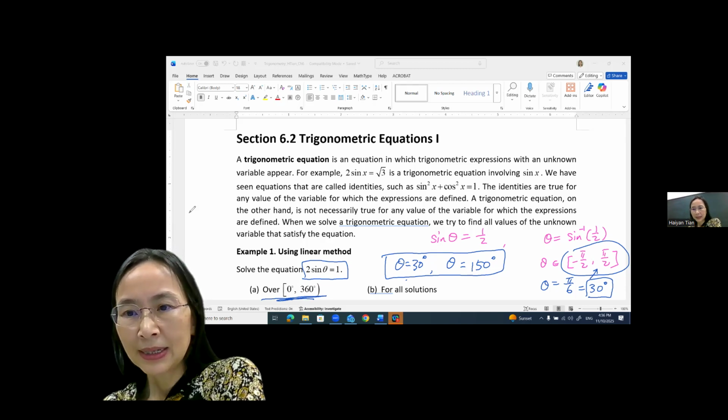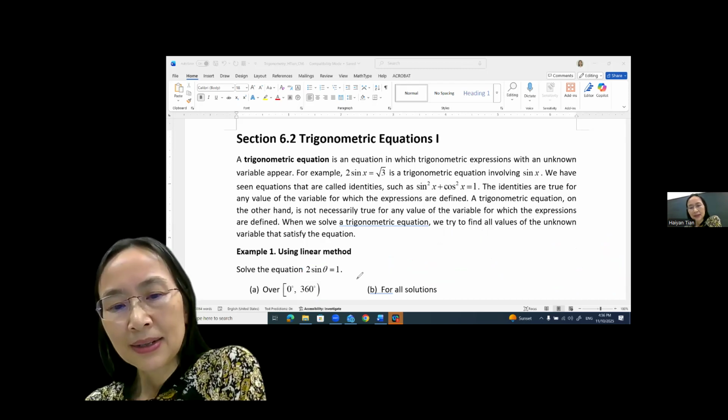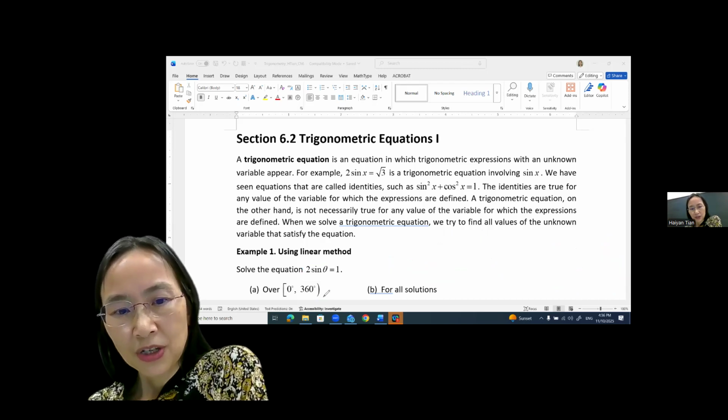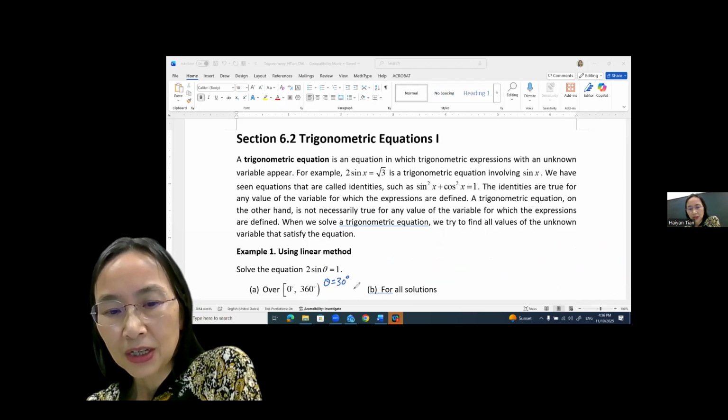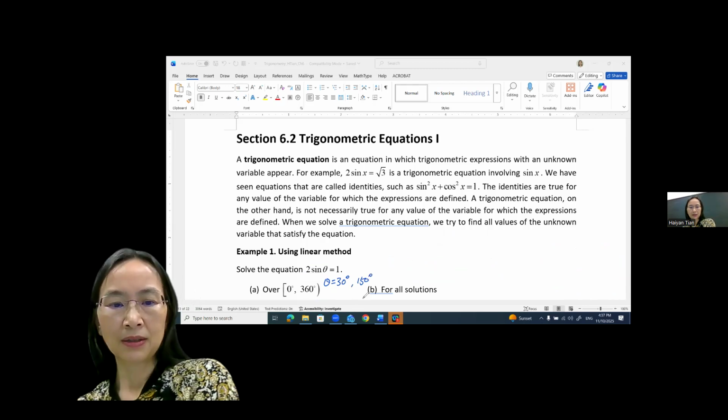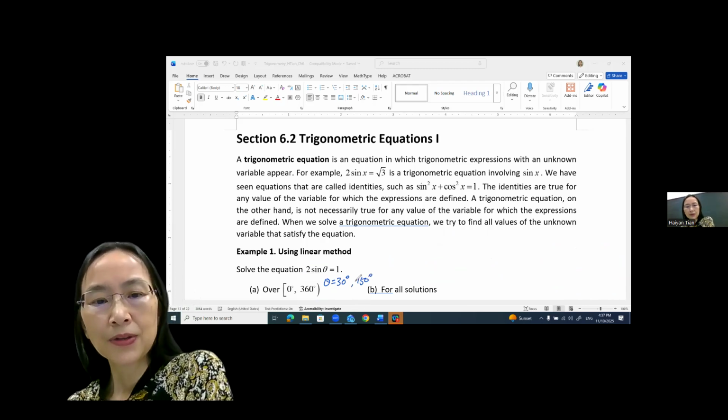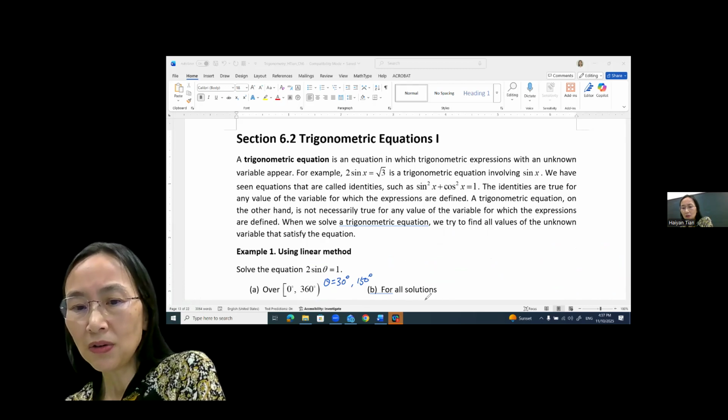So let's look at a second question. If you have found the solution for part A, which is either 30 degrees or 150 degrees, can we find all solutions?